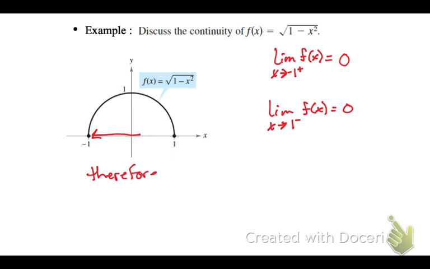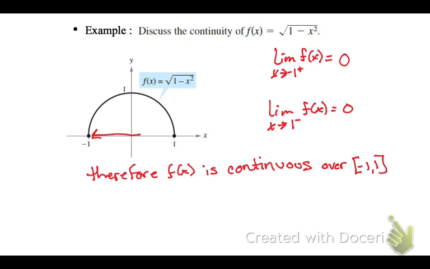Therefore, f of x is continuous. That's pretty good for everything not working for us. We got it. Continuous over what interval? -1 to 1.